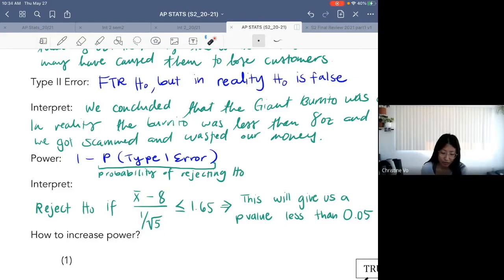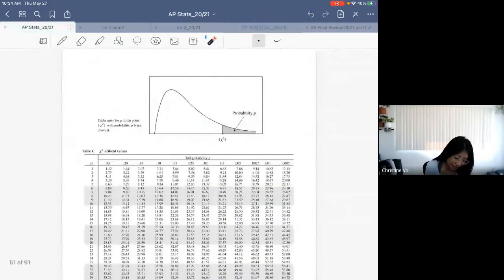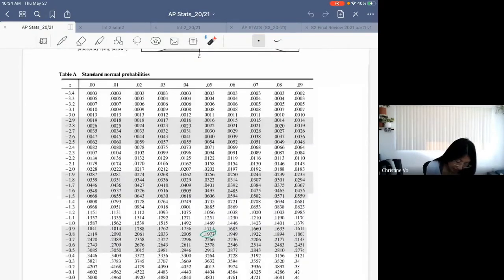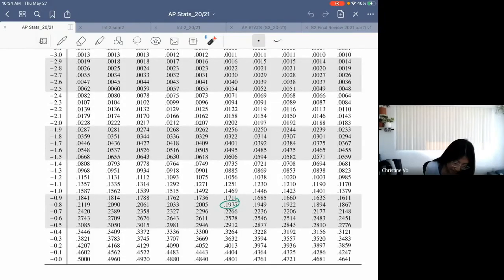So this 1.65 actually came from the z-score that I'm going to get when I have 0.05. So what I'm going to do is look into my z-score table and see when I hit this 0.05 probability. So if I go in here to table A, I'm going to look inside the chart. And then when I look inside the chart, I can see that the closest I get is right around, maybe around here actually.